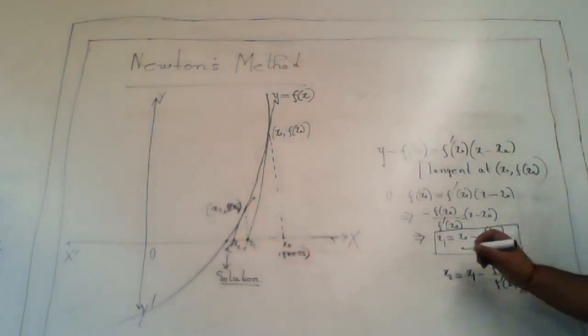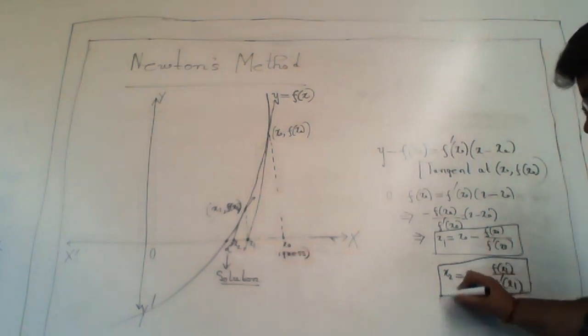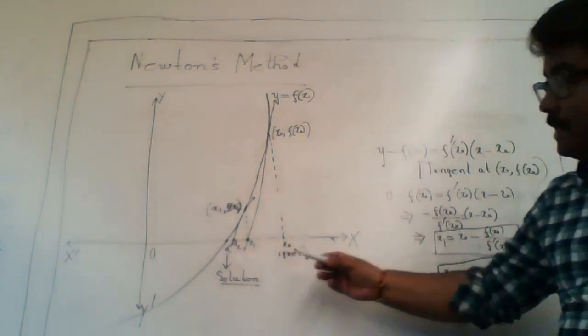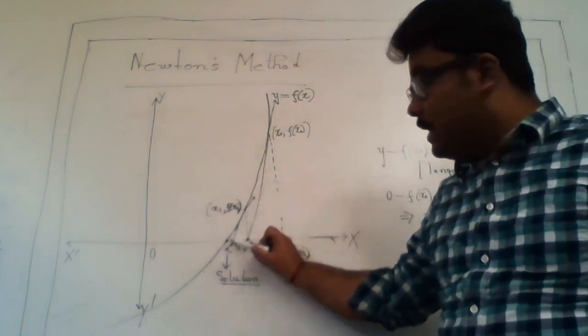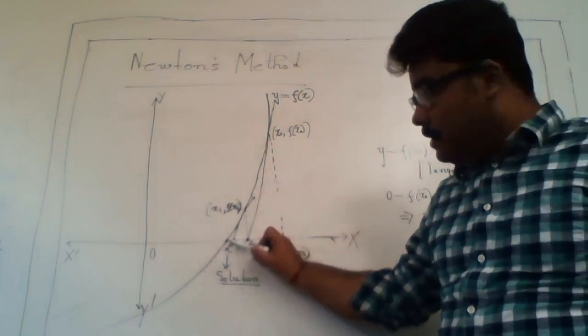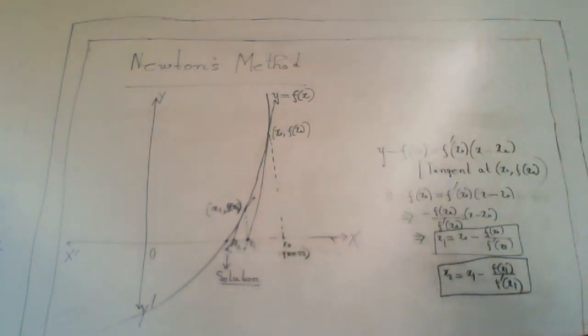So if you repeat the same process in the same manner, you draw a vertical line at x2, draw a tangent, and then find out the point at which the tangent cuts the x-axis. You can find out x3 and so on and so on.